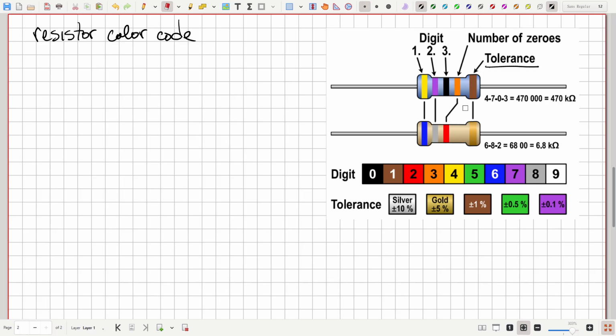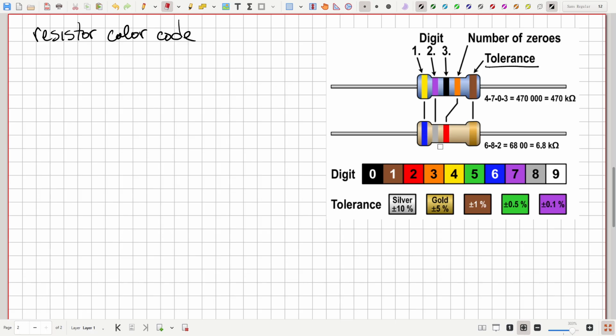So the rightmost band there is either brown or gold, depending on the tolerance, and then the remaining bands indicate the resistance value. For the finer tolerance, the 1%, we need more bands because we have more precision in our value, so we're going to need more significant figures. So we have 4 bands there, whereas we only have 3 for the 5%.